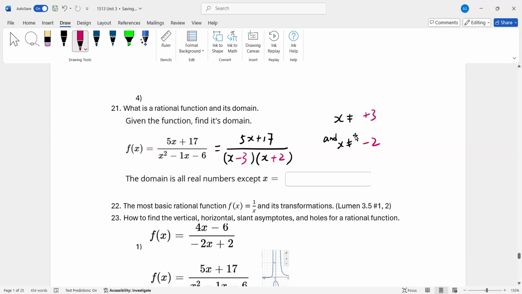If we assume x is +3, then this factor, since +3 is the opposite of -3, they add up to 0, then this factor is 0. 0 times another factor, no matter the value, makes the denominator 0, and that is not well defined. So x cannot assume the value of 3.